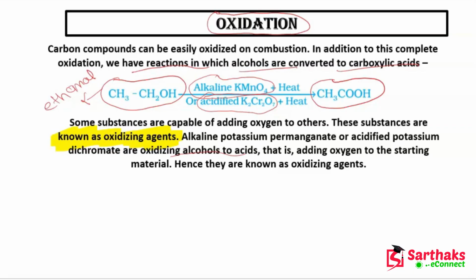So alcohol has been oxidized to acid by adding oxygen to the starting material, and hence they are known as oxidizing agents. That's why these two are examples of oxidizing agents, because you can see that they are adding oxygen to a substance and turning it into acid. Alcohol is turned into acid.